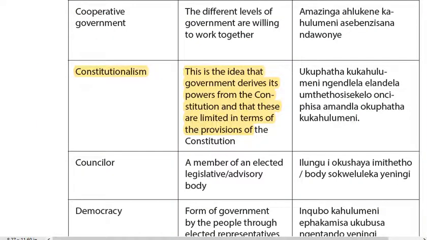When we look at page 48 of our study guide, constitutionalism is defined in this way: the idea that government derives its powers from the Constitution and that these are limited in terms of the provisions of the Constitution. So this is our answer in black and white, so clear, no need for any explanation or whatsoever.